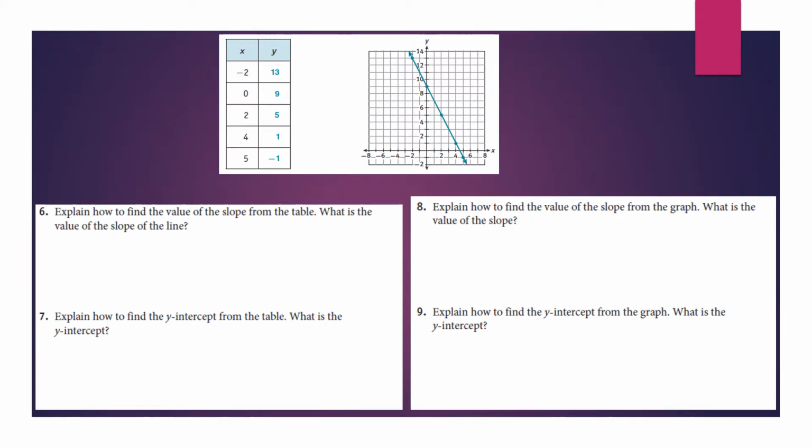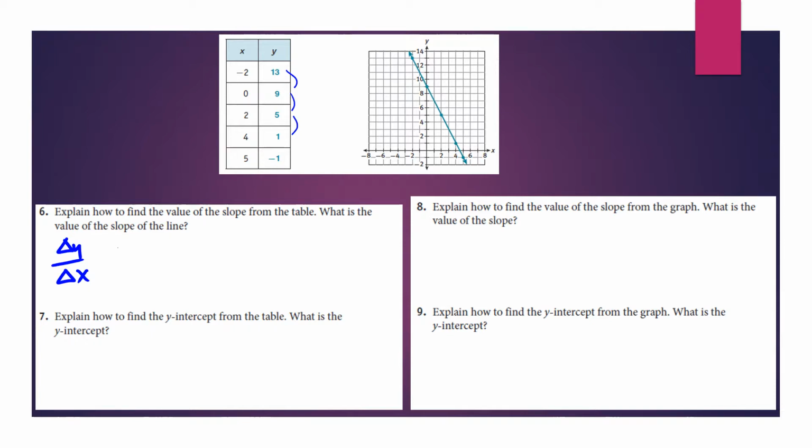So number 6 is explain how to find the value of the slope from the table. So we do change in y over change in x, and we find out that y is changing. Now this is going by 2's here for these first few. So y is changing by -4. It's going down 4.